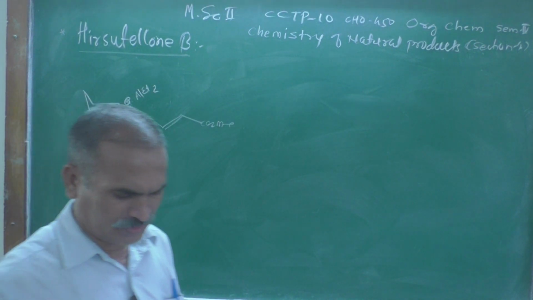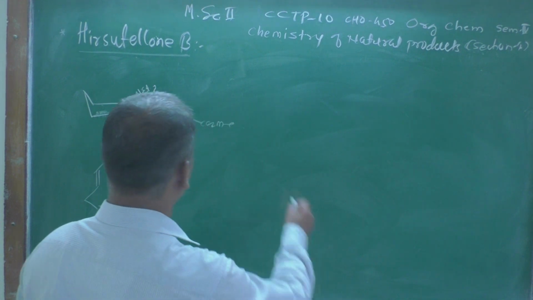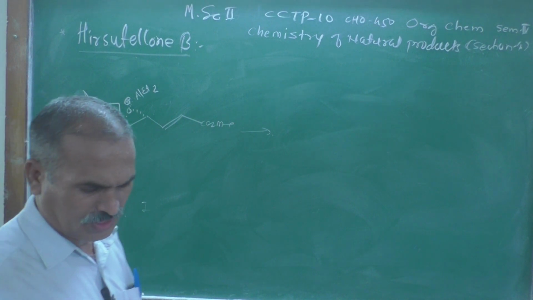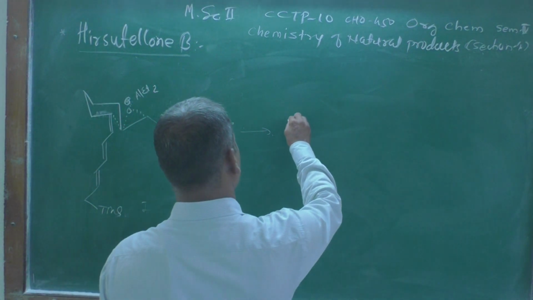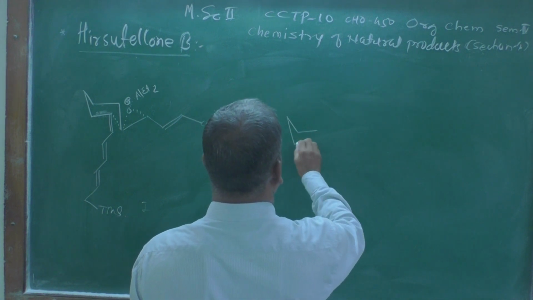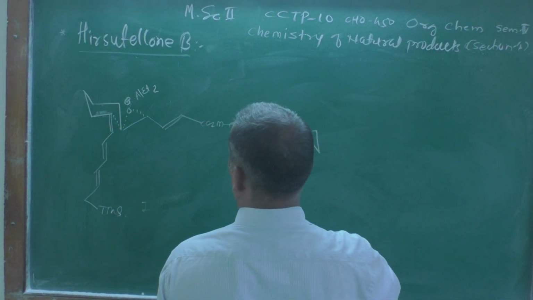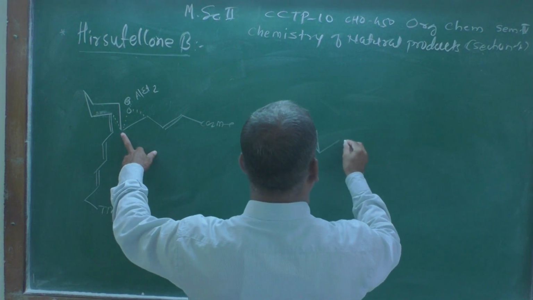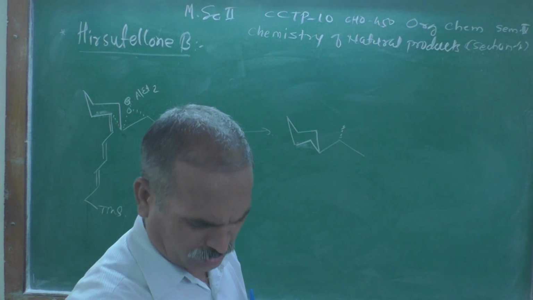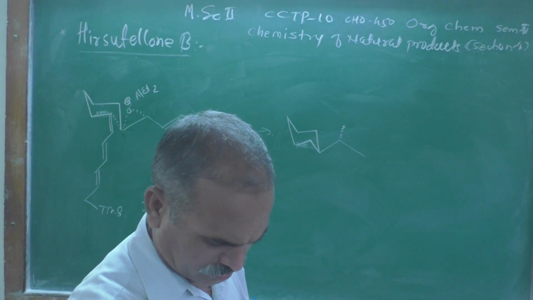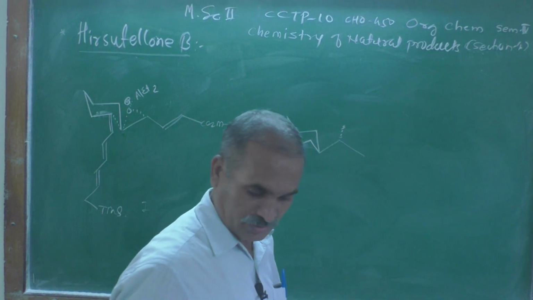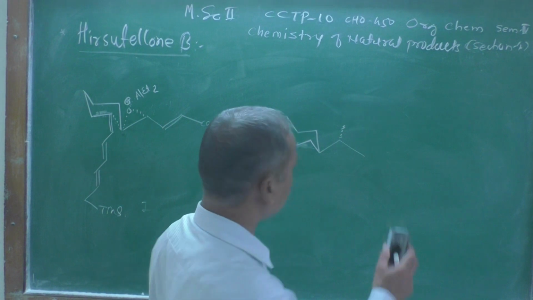The dotted line means this 6-membered ring is going to form there, and as we know the chair conformation is more stable here.